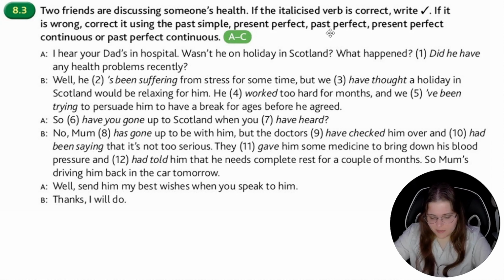Okay, give me a second. I want to check. I hate this verb, really. Italicized.